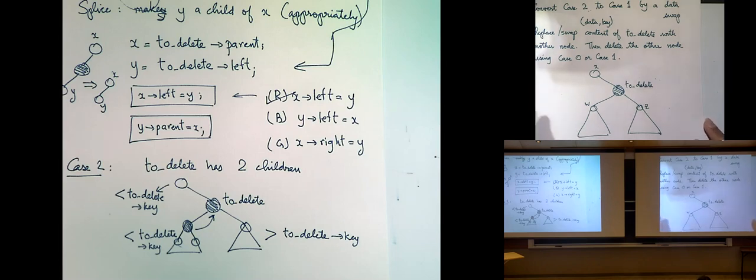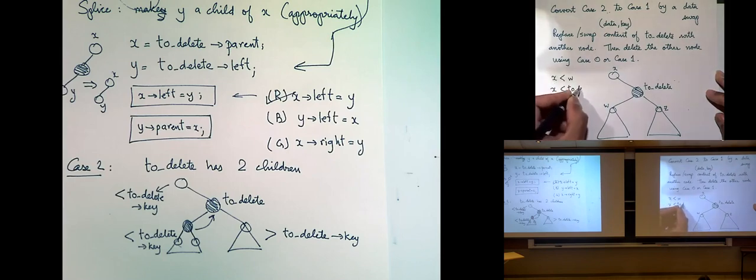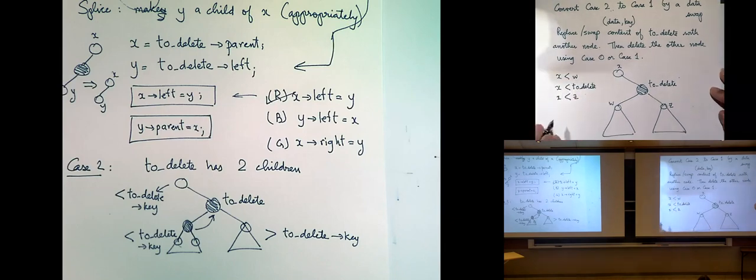So let's maybe write down a few things over here. I'm not going to write the key, because it's just painful. So what you know is that x is less than w, x is less than 2 delete, x is less than z, right? So x is less than everybody here.